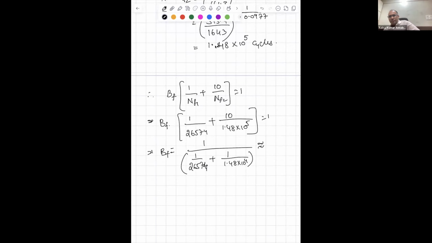Approximately how many repetitions? 26,574, 9506 cycles.